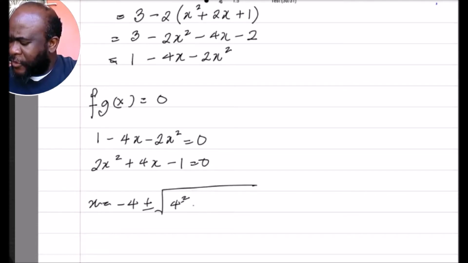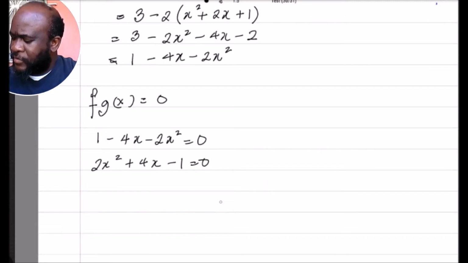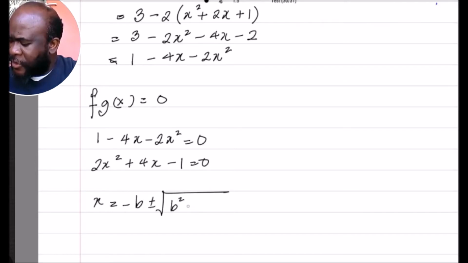So therefore x is equal to minus b plus or minus the square root of b squared minus 4ac all over 2a.